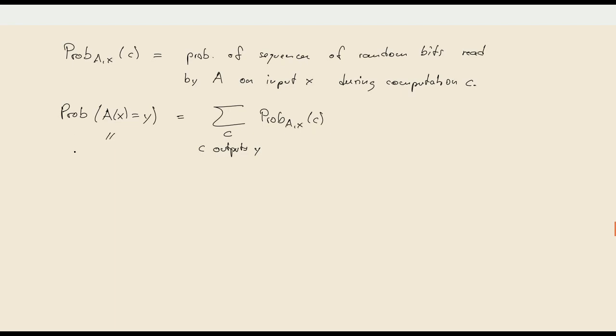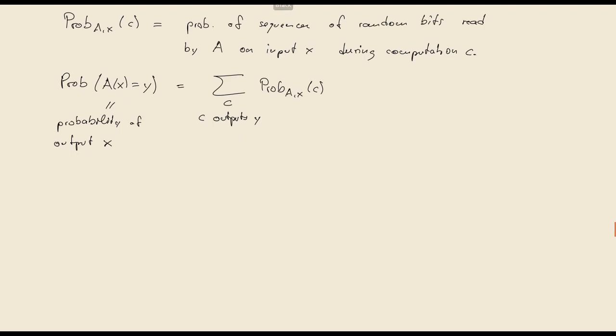So this is clearly intended to be the probability of output x. And here the interesting part is that this sum is not necessarily finite. You might have an infinite number of computations with the same output, because you can have such a probabilistic loop as you sketched it. So that's for one thing.